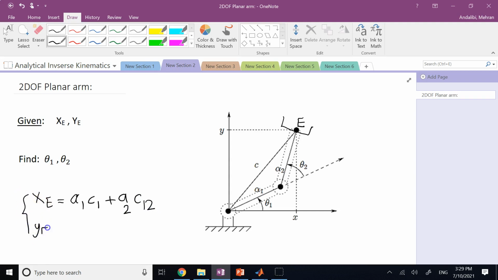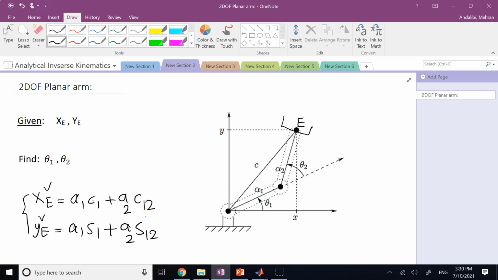And then the y of the end effector is a1 times sine of 1 plus a2 times sine of 1,2. Now if I give you xe and ye and ask what theta 1 and theta 2 are, hidden inside the sines and cosines, how can you solve these two equations in two unknowns for me?